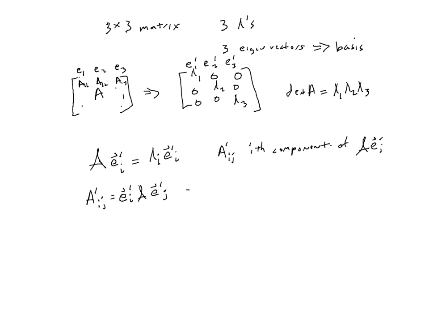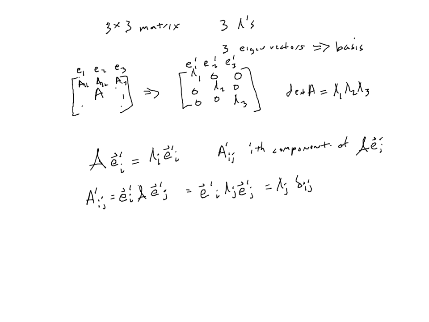So because of this eigenvalue relationship here, we could say that this is equal to E prime i, the eigenvalue E prime j, and then the eigenvalue is just a scalar, so this is just lambda j times the delta function.